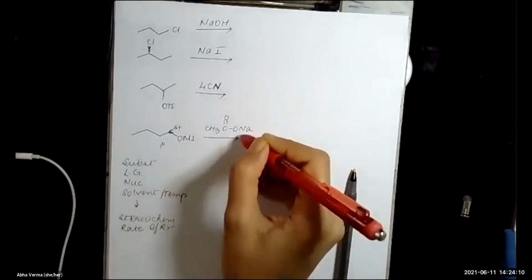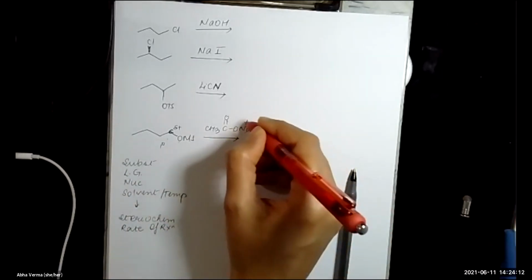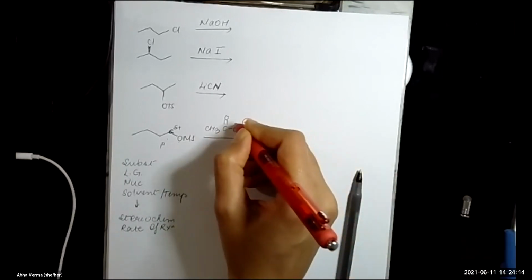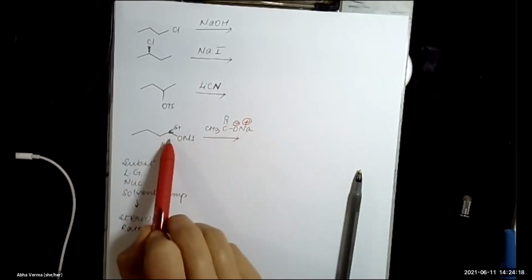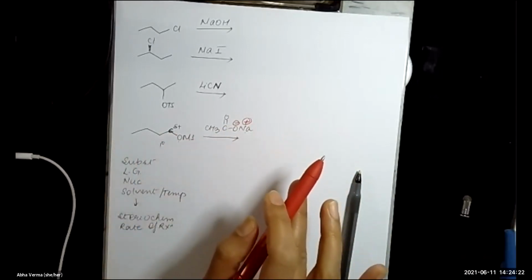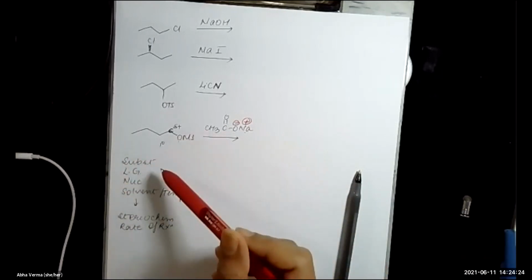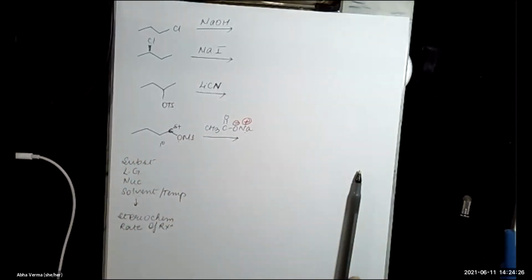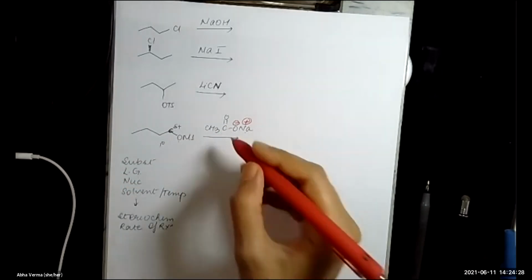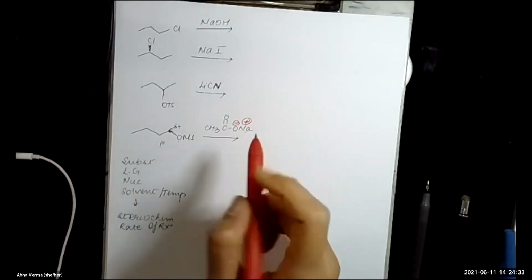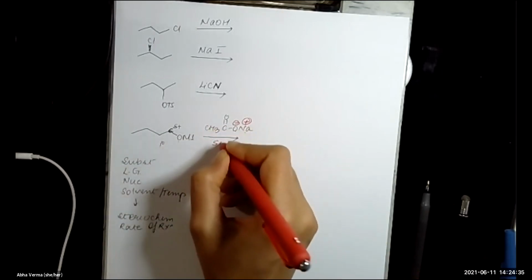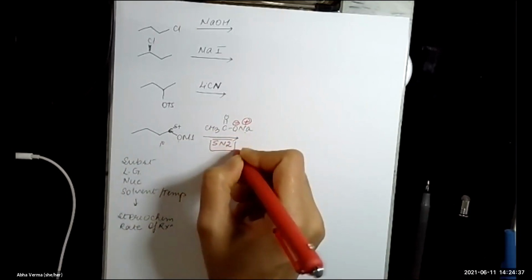This sodium ion is positively charged, and the oxygen next to it is negatively charged. Before that, can an acid-base reaction take place? No acid-base reaction can take place. Let's focus on substitutions only. This is a strong electron donor and hence a nucleophile. So I'm going to do my SN2 mechanism.